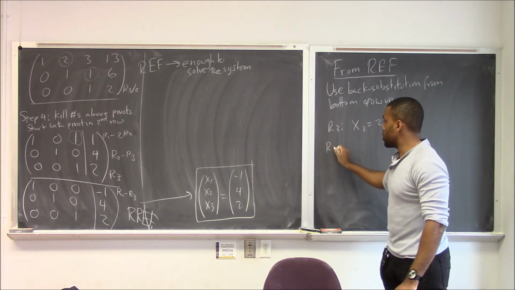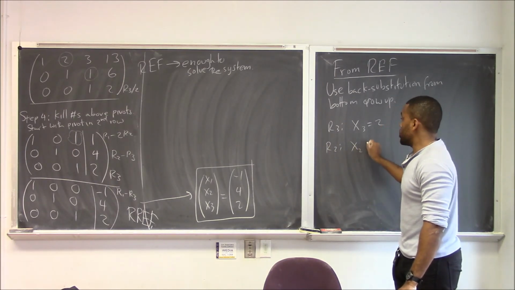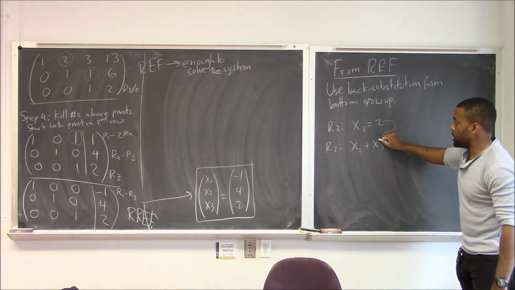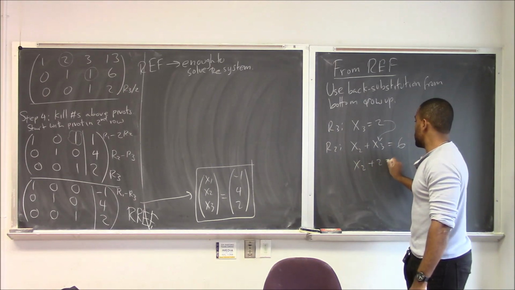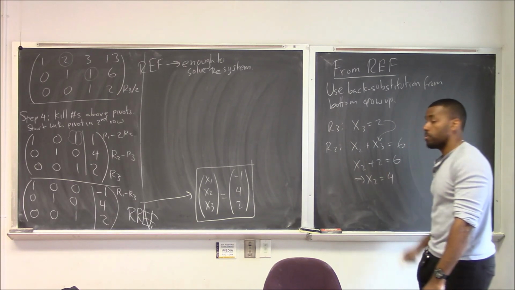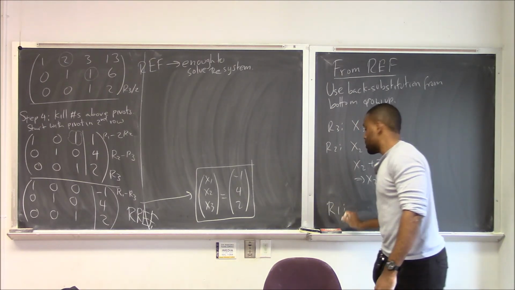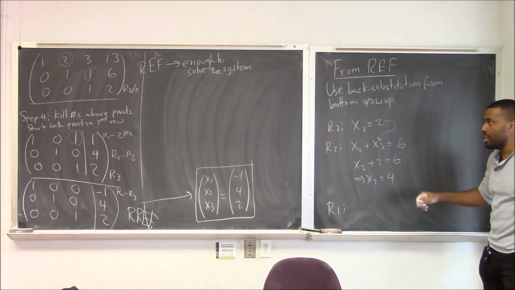So I move up to row 2. Clearly now I see that x2 plus x3 is 6. But this allows me to plug in a 2 here. So I get x2 plus 2 equals 6. This means that my x2 is equal to 4. Moving up. Because we cascaded the pivots in this way, that will work.